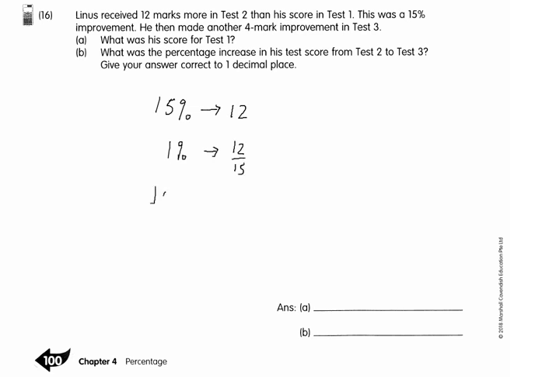Next, I find test 1, which is 100%. 12 over 15, multiplied by 100 or 100%? Must I multiply 100 or 100%? You sure? Is he correct or wrong? Okay, so multiply by 100 and what do you get? Use your calculator.